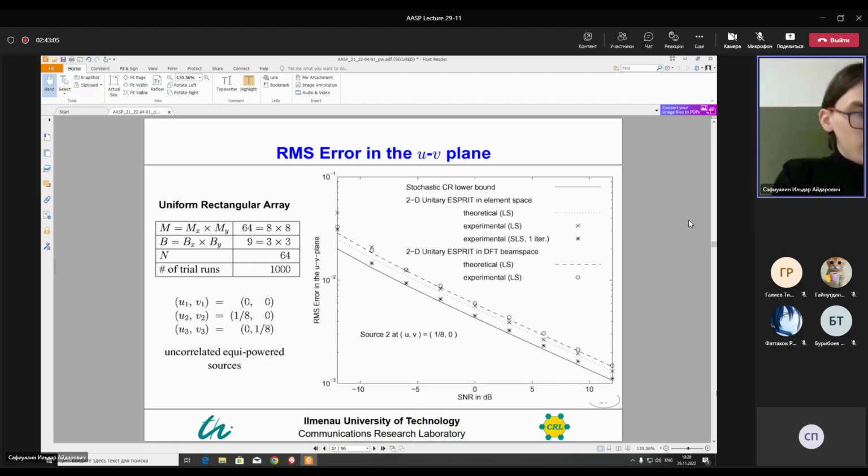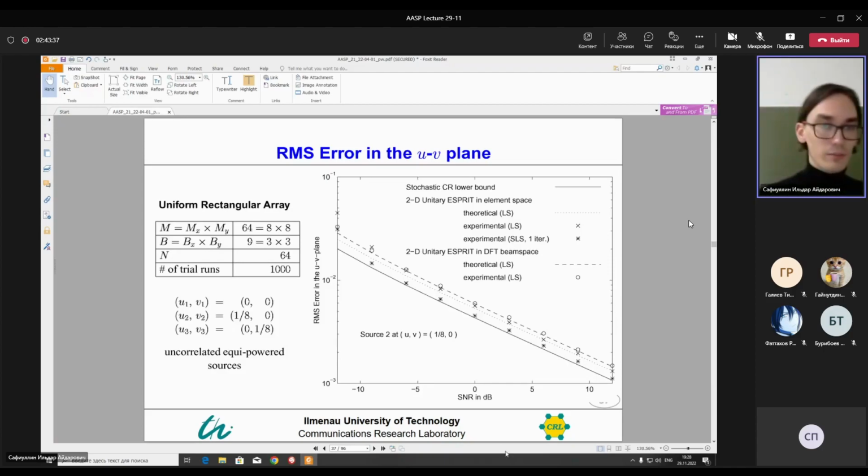They are uncorrelated and they have the same power. And what we can see from these results: we compare the results of our algorithms with respect to this stochastic Cramer-Rao lower bound, which is here.